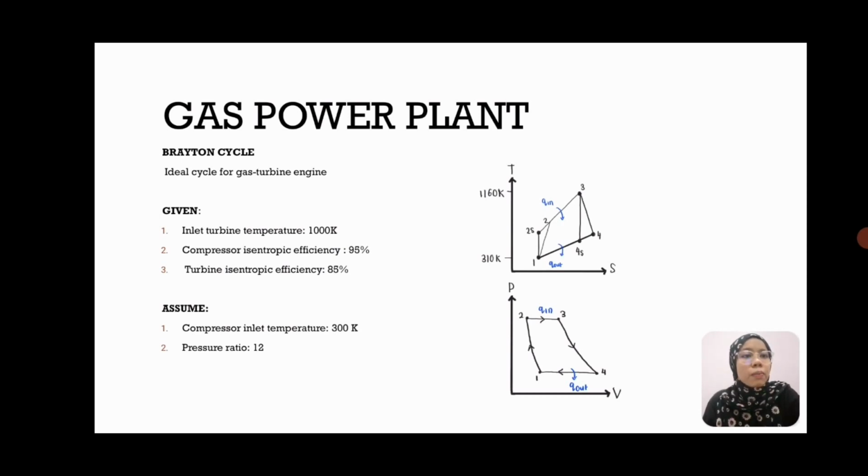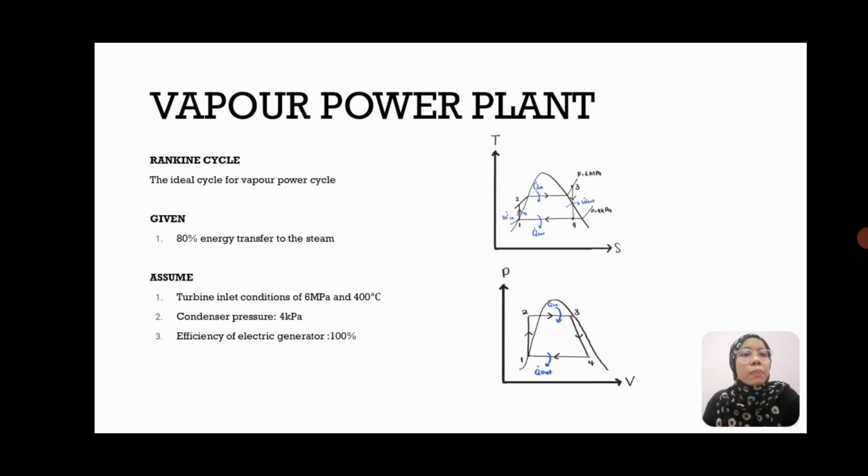So in this slide, we see the TS diagram and the PV diagram for the gas power plant. Next, we have the vapor power plant. For the vapor power plant, we refer to the Rankine cycle, which is the ideal cycle for vapor power cycles.